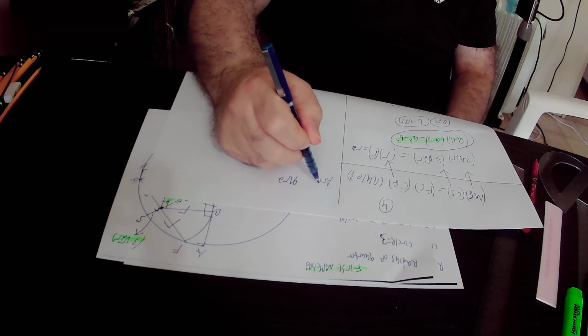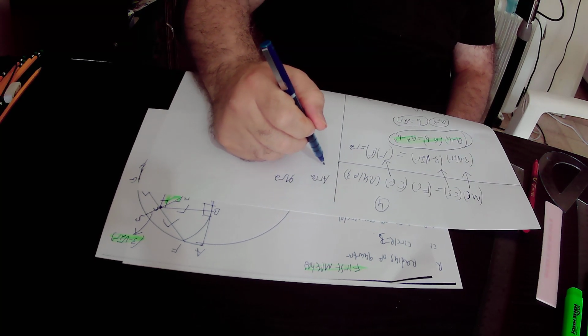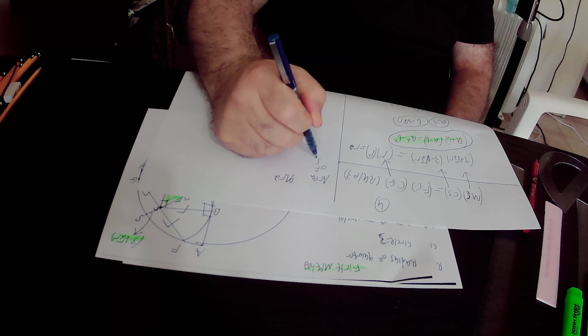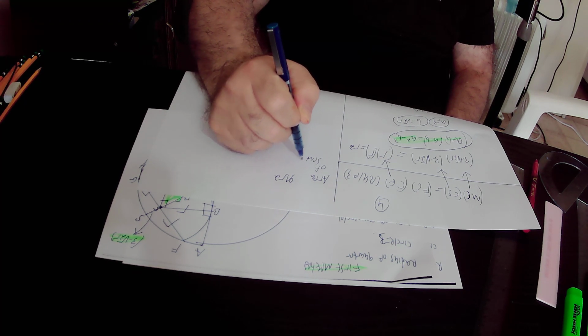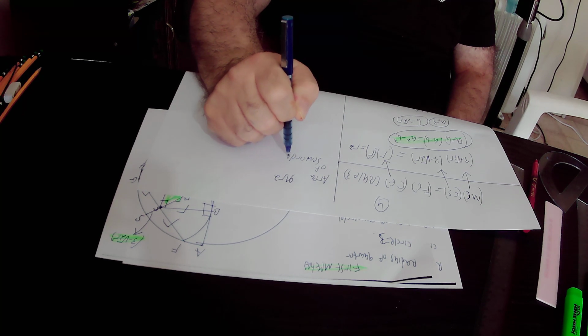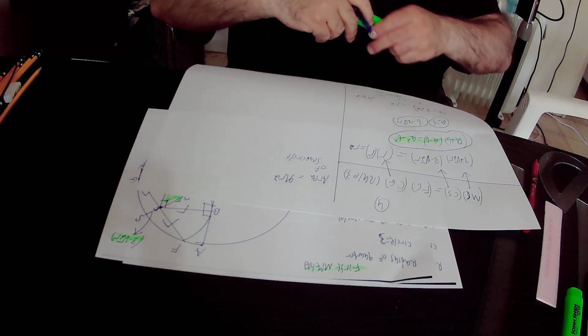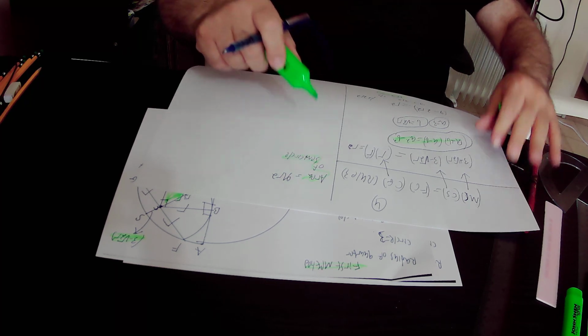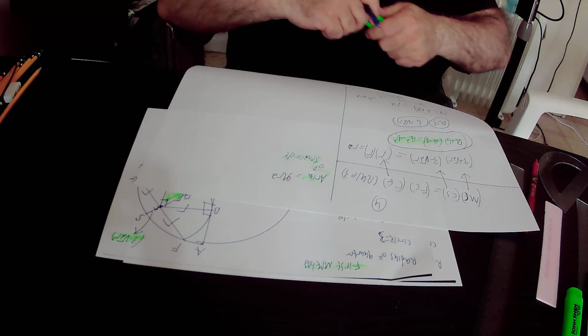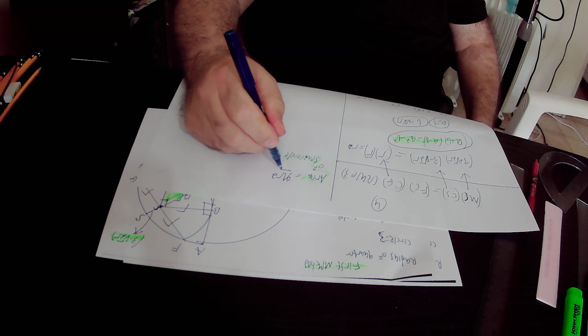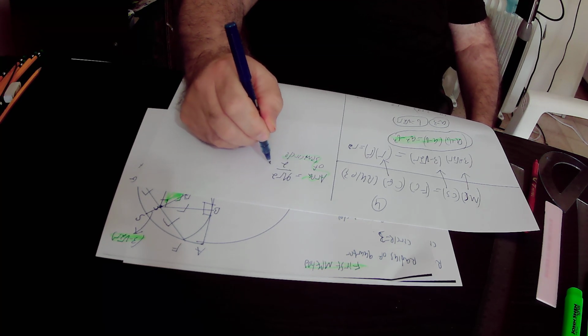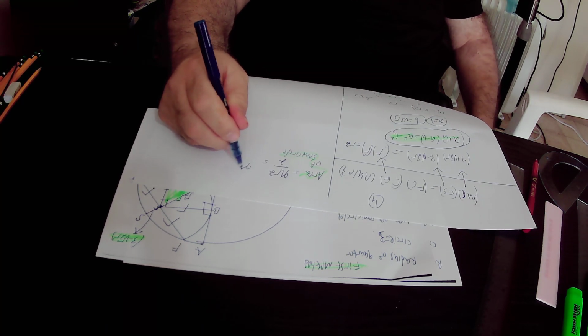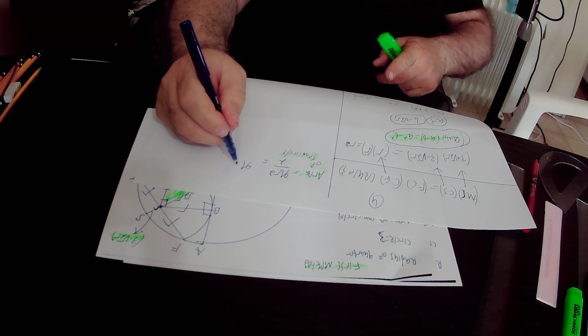Area of semicircle equals pi r squared over 2, of course. Pi r squared is the area of a circle, and when we divide it by 2, we get the area of the semicircle.